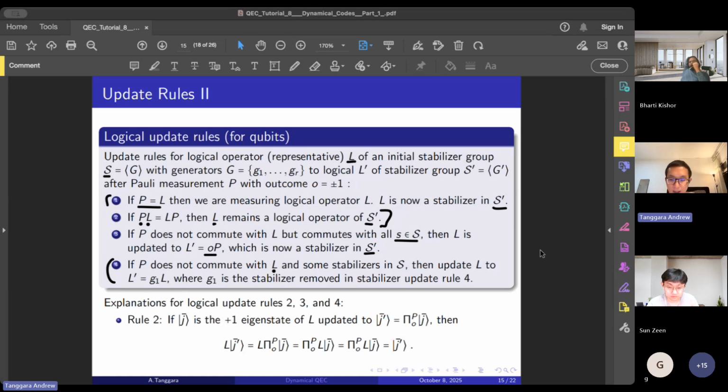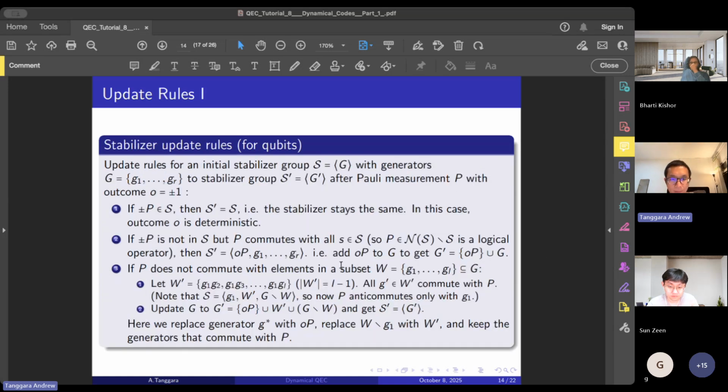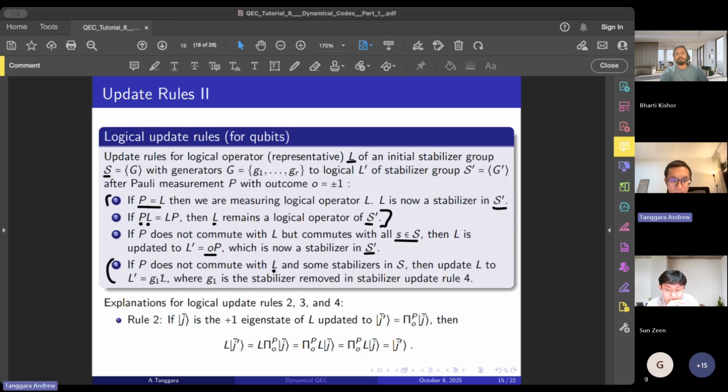This G1 is the generator that I pick from my generators that does not commute with my measurement, and I throw it away and replace it with OP here. I'm going to take this same G1 and multiply it to this logical operator.